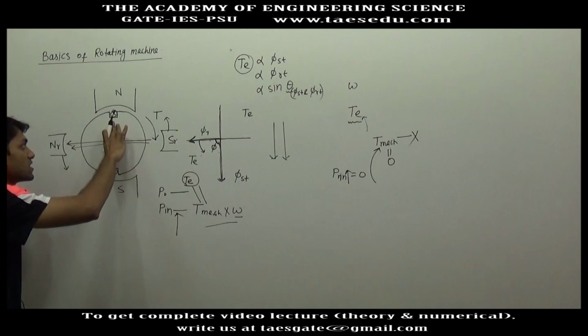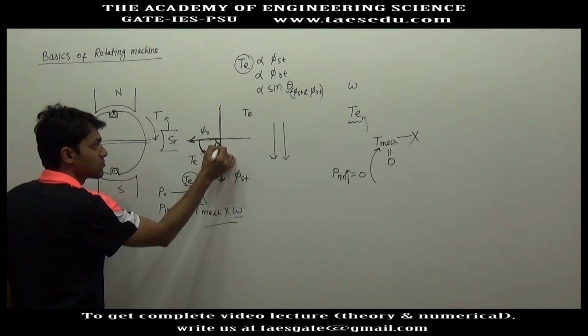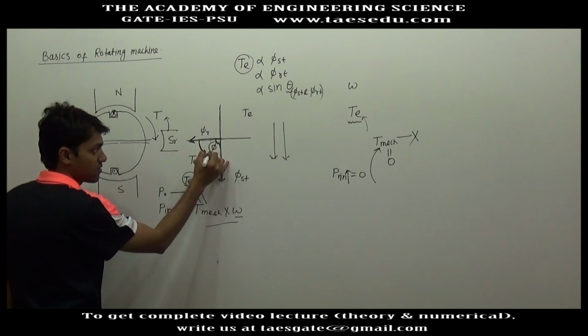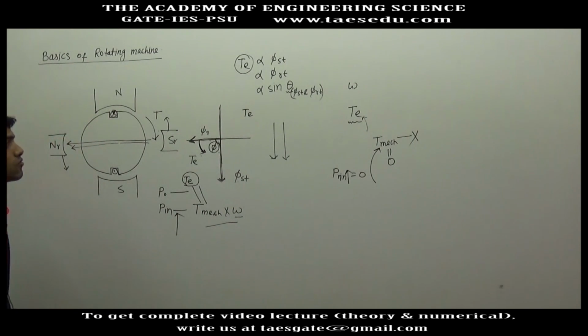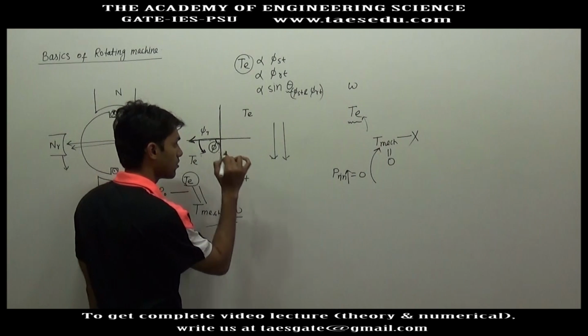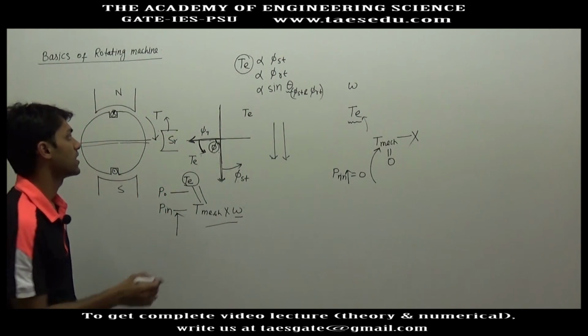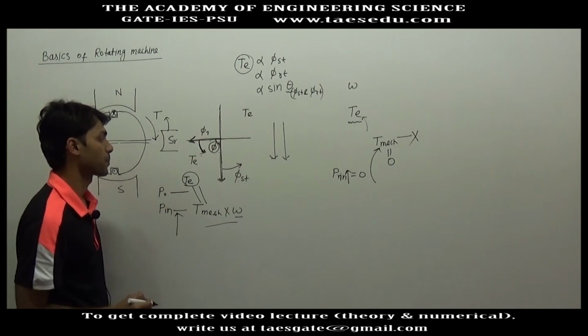But if only the rotor is rotating, this part will be rotating and this part is fixed, then the angle phi will not be constant. So what do we want? The stator magnetic field also has to be rotated with the same speed as the speed of the rotor.